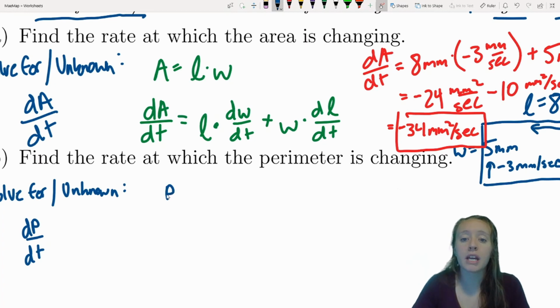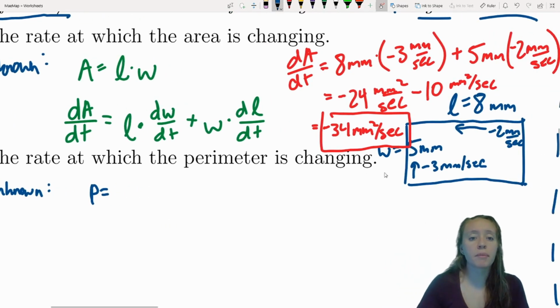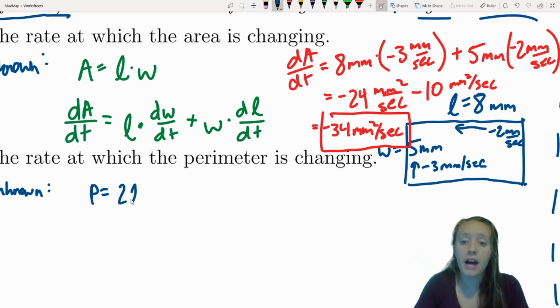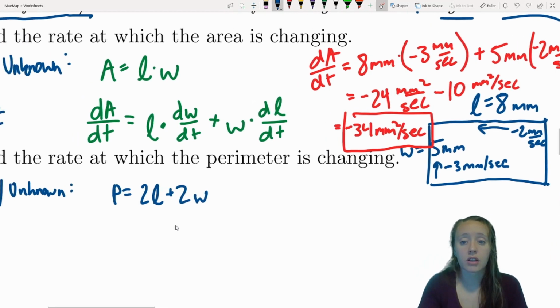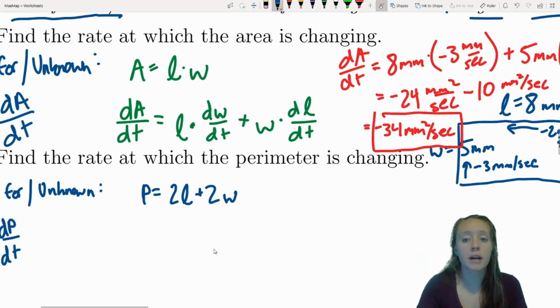So my perimeter P is equal to, well, think about the perimeter. For the perimeter, we add up all the lengths of the sides. So that's going to be L plus W plus L plus W, so that's going to be 2L plus 2W. 2 times the length plus 2 times the width.